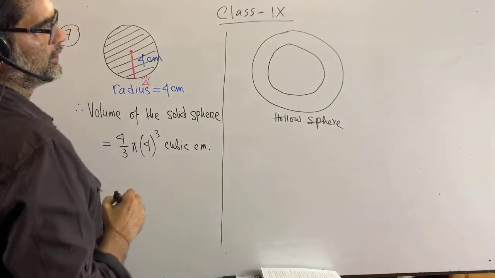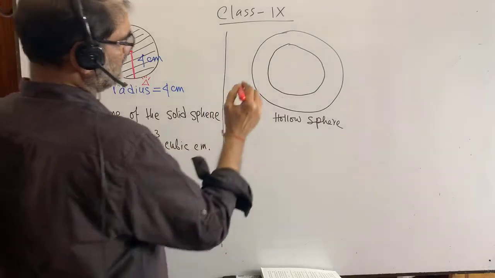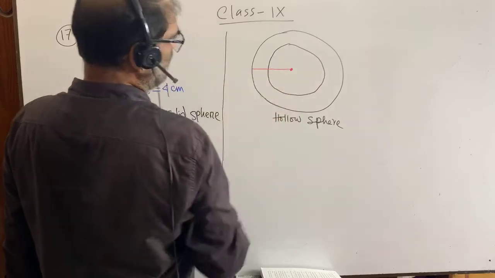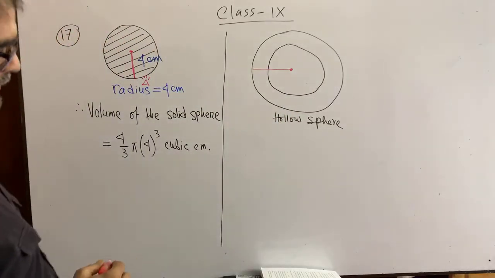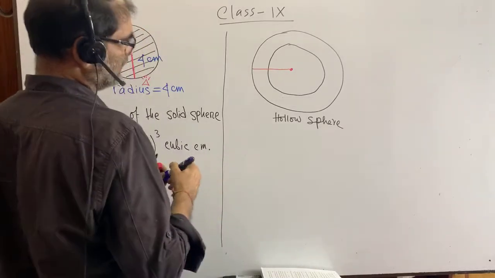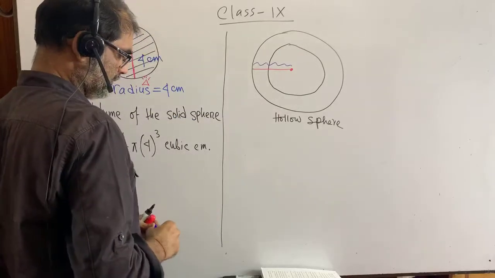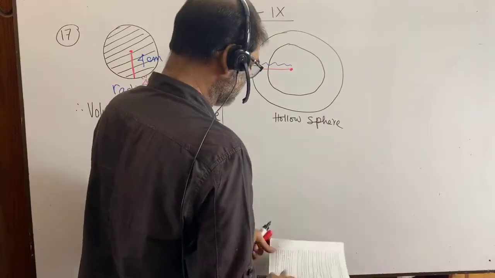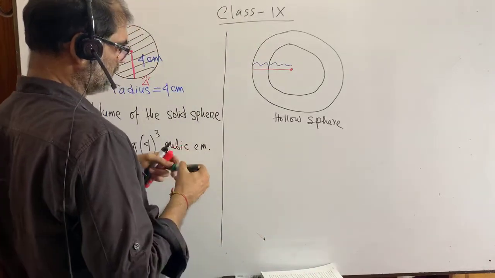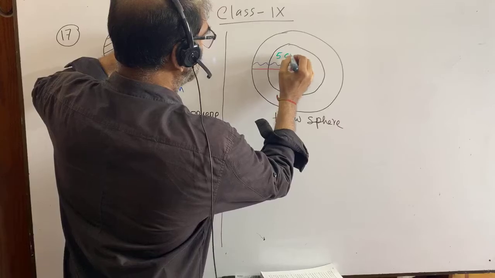It is told in the question that the outer radius of the hollow sphere is given as 5 centimeter. The measurement of this is 5 centimeter.